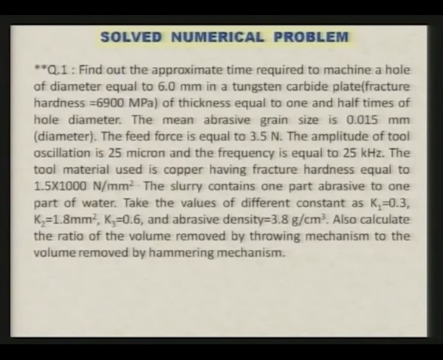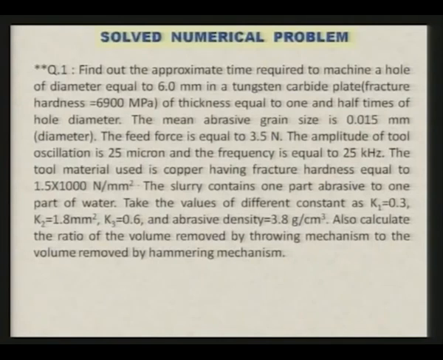The tool material used is copper, having fracture hardness equal to 1.5 into 1000 Newton per millimeter square. The slurry contains 1 part abrasive to 1 part of water. Take the values of different constants as K1 equal to 0.3, K2 equal to 1.8 millimeter square, K3 equal to 0.6, and abrasive density equal to 3.8 gram per cubic centimeter.